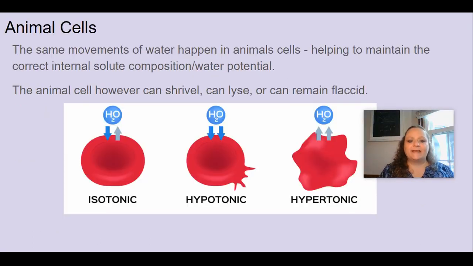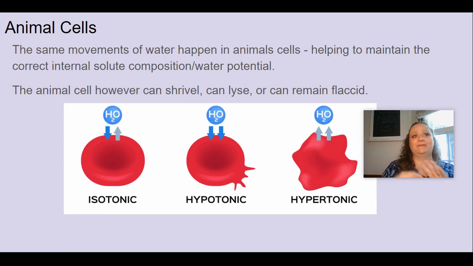Animal cells, same idea. We talk about them also going through each of those things. But with the animal cell, because we don't have that cell wall for structure and for support, cells that are flaccid, that's kind of your normal state for your animal cells. These are red blood cells. We always like to use these when we talk about tonicity.